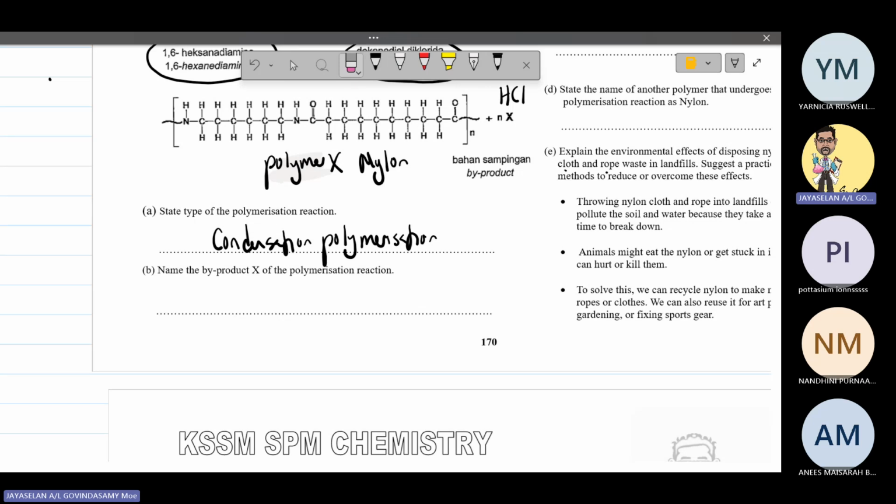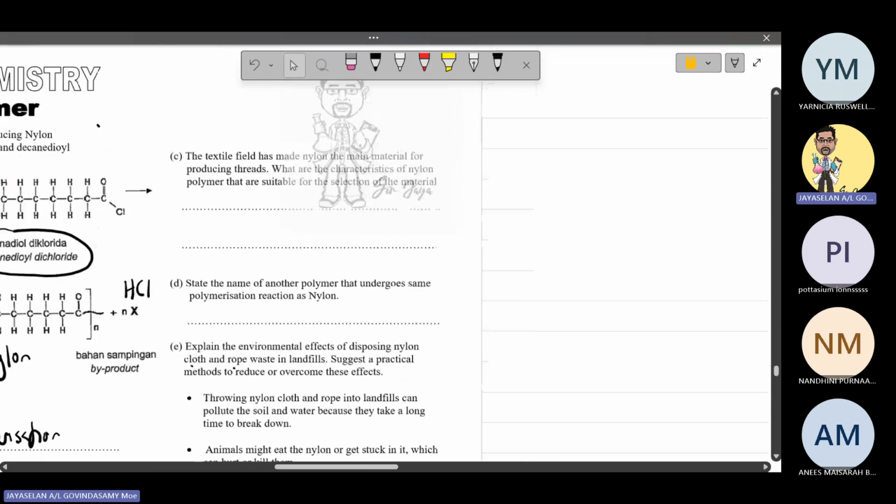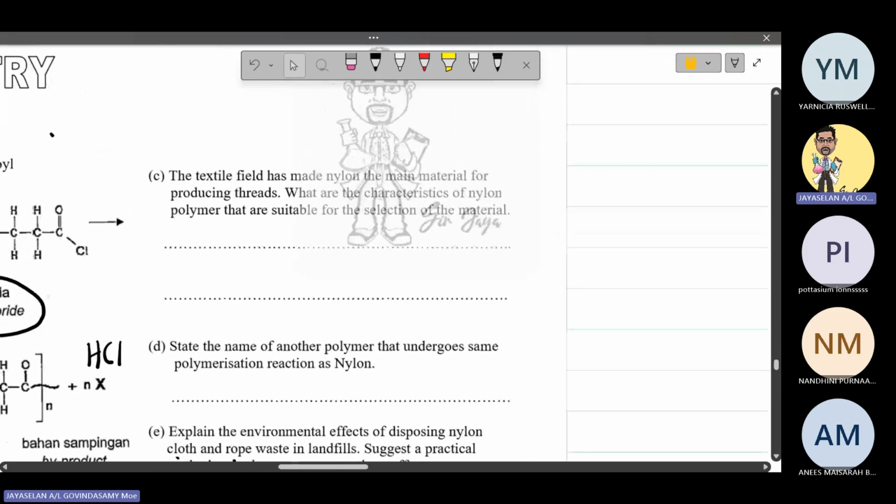Okay, byproduct is hydrogen chloride. You can put hydrogen chloride only. No need to put molecule all. Okay? So the textile field has made nylon the main material, producing thread, tali lah.